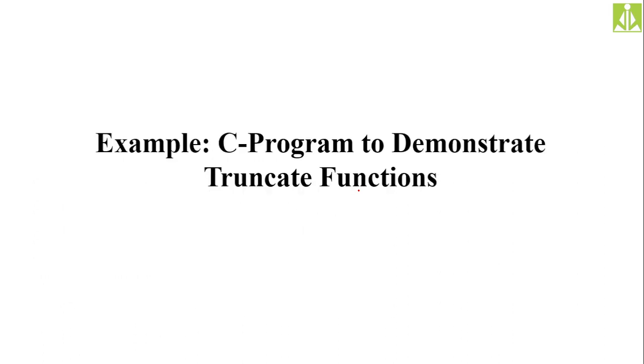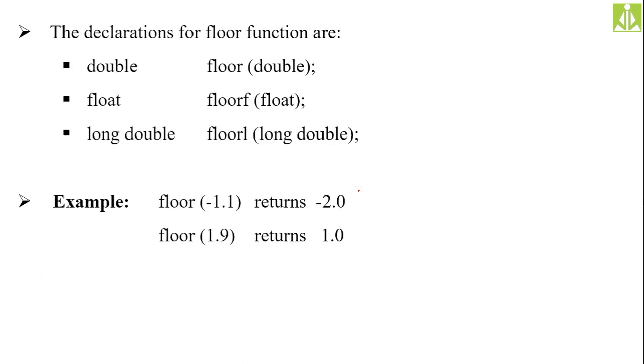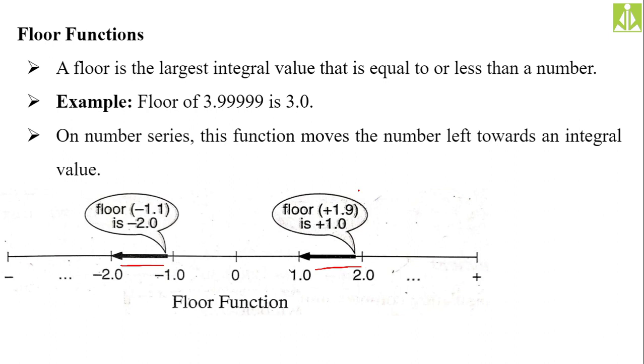If you see the number sequence, the floor function takes the nearest possible integral in the left hand direction, and the ceil function takes the nearest possible integral in the right hand direction, but the truncate function will always go in the zero direction.